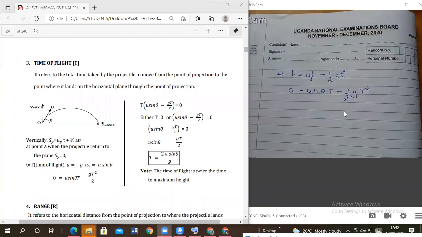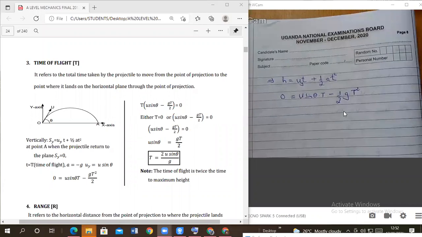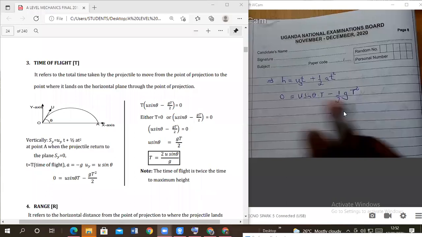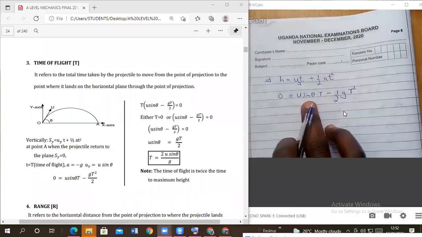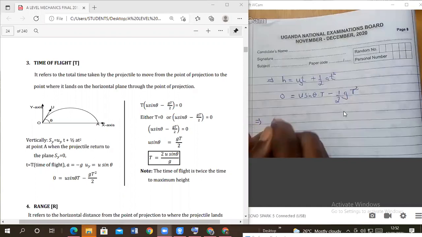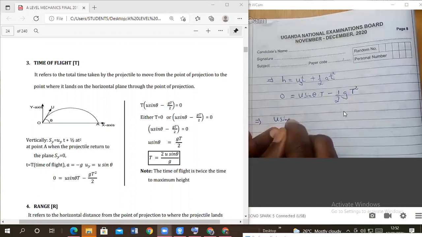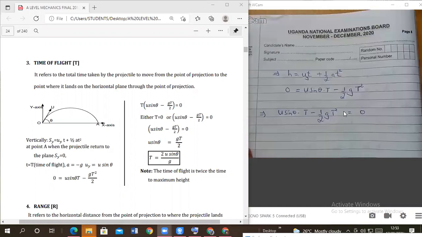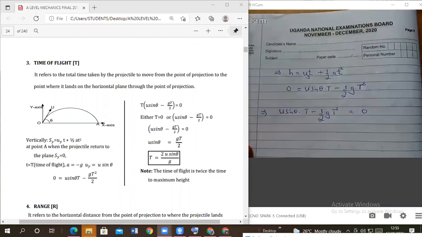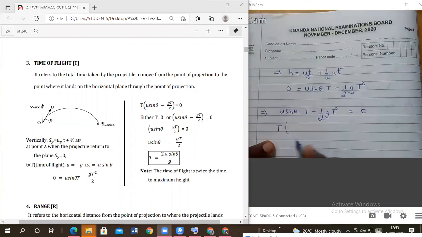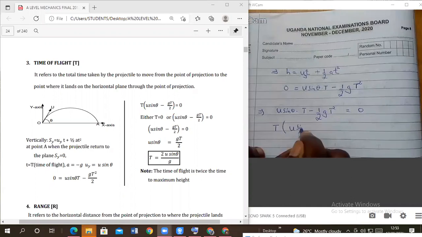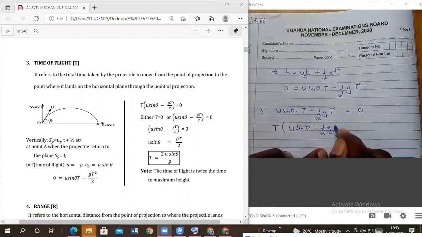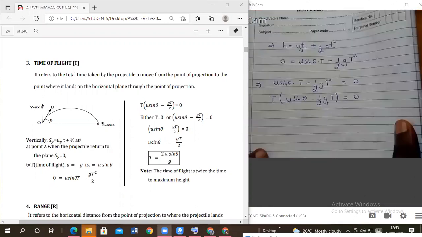Good. Now, what do we do from here? You just factorize this, not so? You see t is common. So it's the same as saying u sine theta times t minus a half g t squared is equals to 0. So you see t is common, you factorize out t, so which means t into u sine theta minus a half g t is equals to 0.